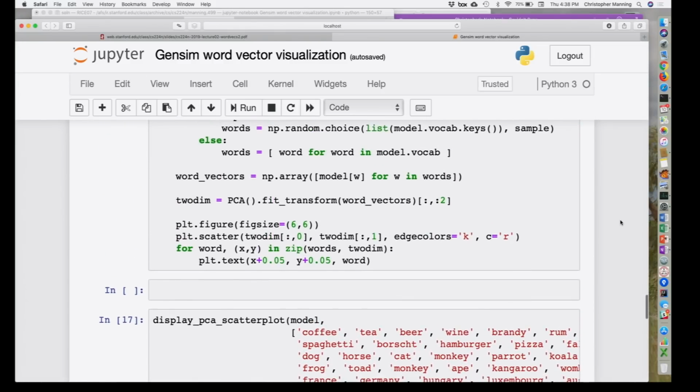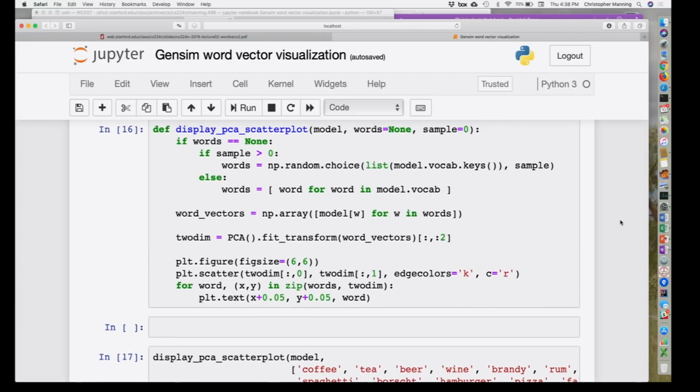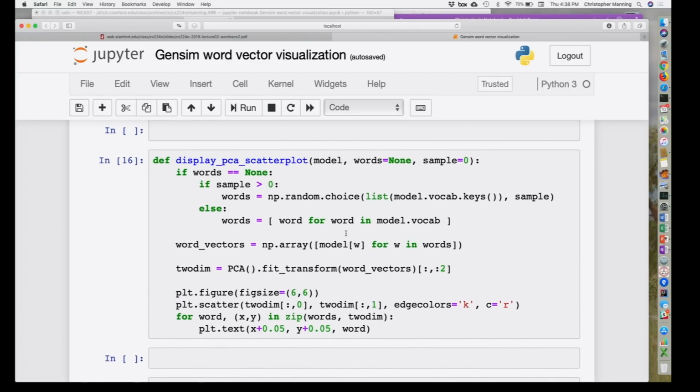Now, to some extent you want to hold on to your wallet with these PCA displays, because, as I've discussed before, since you are taking something that was 100-dimensional and doing this 2D projection, it is capturing some of the major geometry of the space, but it has to be losing a huge amount of the information.